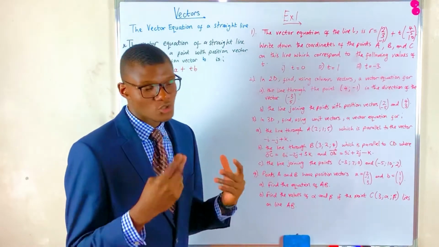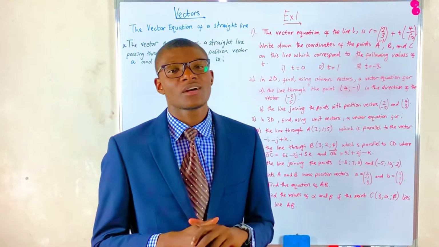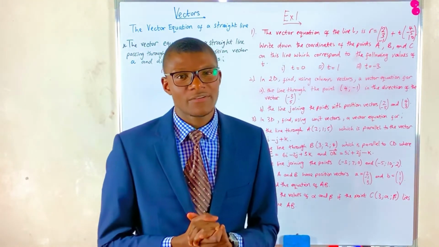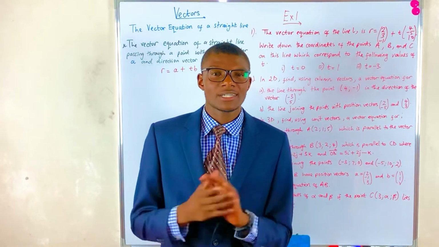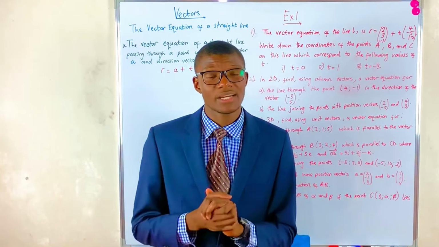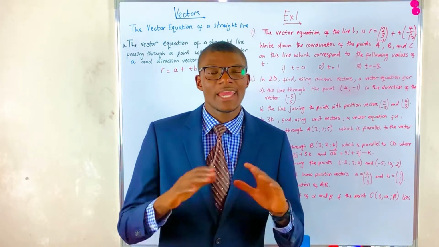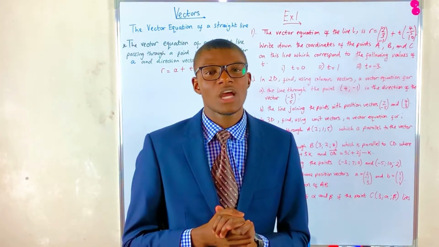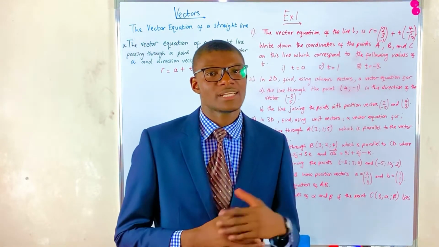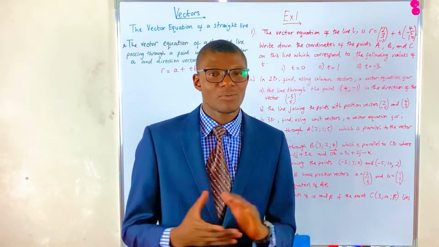There are two basic things that we need to come up with the equation of a line in vector form, or the vector equation. We need the position vector of any point which lies on the line, and we also need any vector which runs along the line. In other words, we need the direction vector and the position vector of any point along the line.